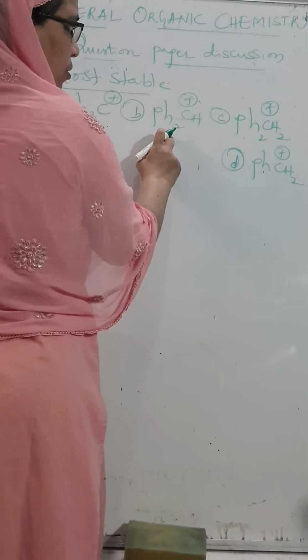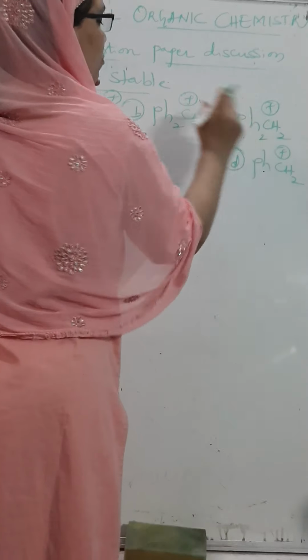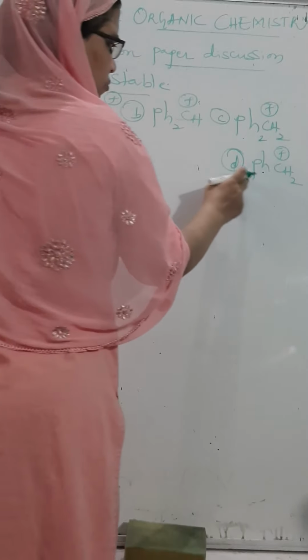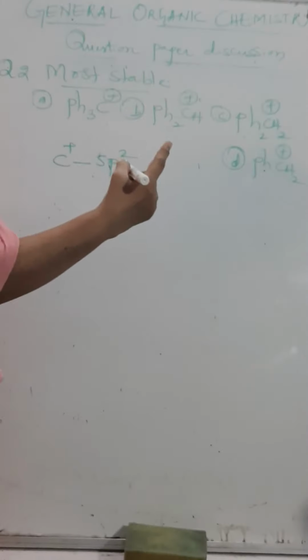They have given a diphenyl carbocation, but actually this is not at all possible. That option they have given, we need to consider. The fourth option they have given is the benzylic carbocation. Now the question is which is most stable. We know very well that like free radicals, carbocations are also sp2 hybridized. They too are stabilized by resonance.